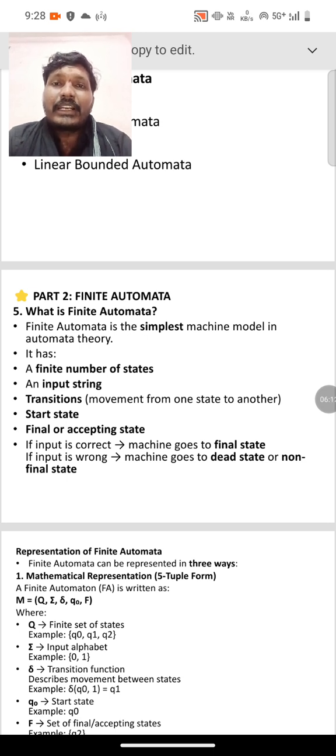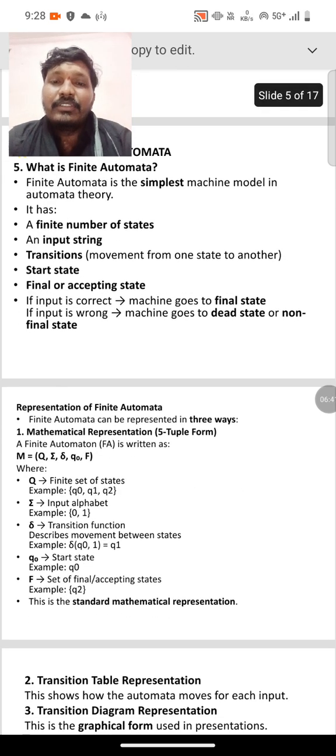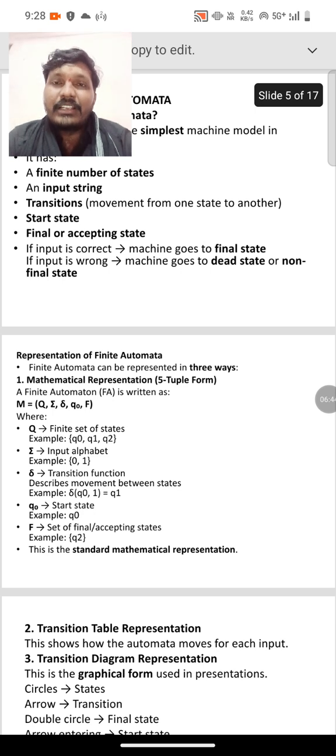A mathematical model can be represented with capital M, equal to Q, sigma, delta, Q naught, F. Here Q means a finite set of states, sigma means input alphabet, delta means transition function, Q naught means start state, and F means final state.